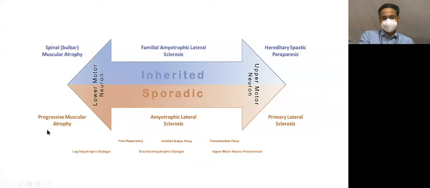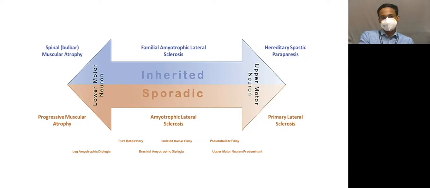The predominantly lower motor neuron dominant variant is called the progressive muscular atrophy variant. The one which is predominantly the upper motor neuron variant is called the primary lateral sclerosis variant, and the one which is most commonly seen in the classical cases in the OPD and in clinical practice is amyotrophic lateral sclerosis, where there is a mixture of upper motor neuron and lower motor neuron involvement. Among amyotrophic lateral sclerosis, we have other subvariants, which I'll come to subsequently in the lecture.